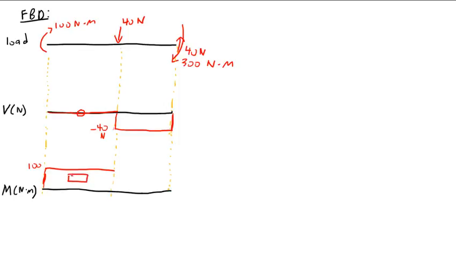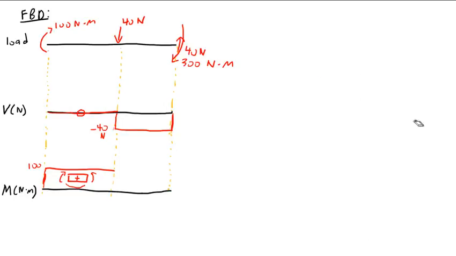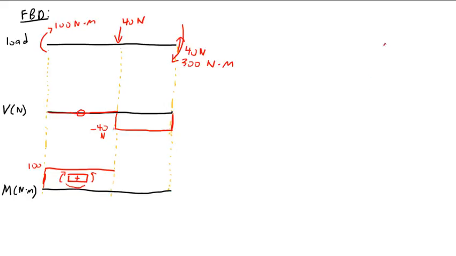Then I'm just going to label this clearly as positive. And the shape of the beam is going to be like this, in positive bending. If you're having trouble visualizing how this works, consider a beam like this, a cantilevered beam, with just one loading on it.